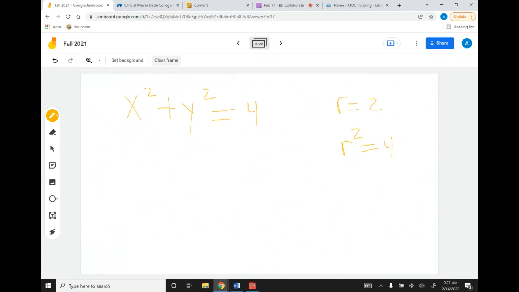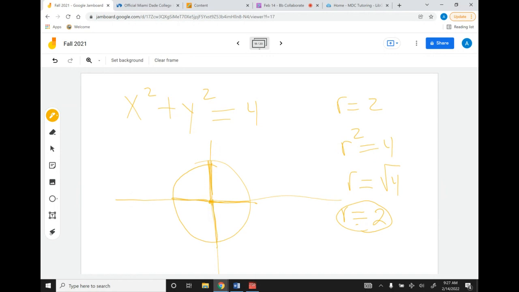Then you take the square root of the other side, and this is where you get 2. So the radius is 2. So now it's centered at the origin, and now we have this circle. Radius is 4, okay? So this is 4, distance here is 4, 4, 4.